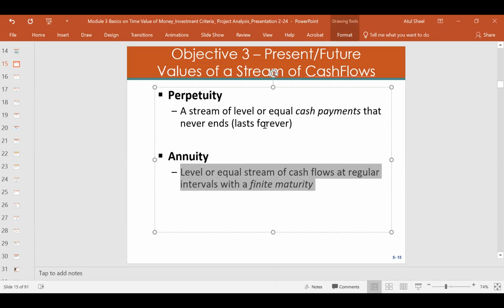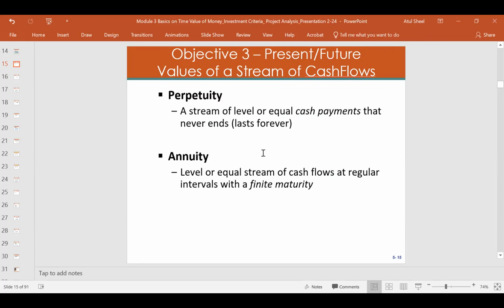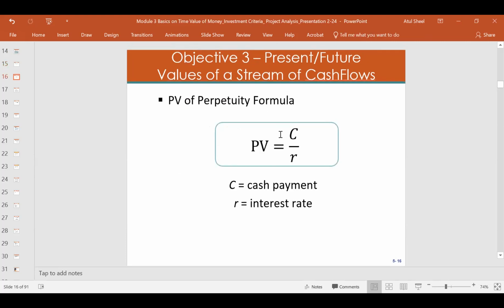In a perpetuity, the T is infinity, for an unlimited number of years. So to calculate the present value of a perpetuity, an infinite stream of cash flows of C dollars, you just discount it by the interest rate. You don't have to go to a T.